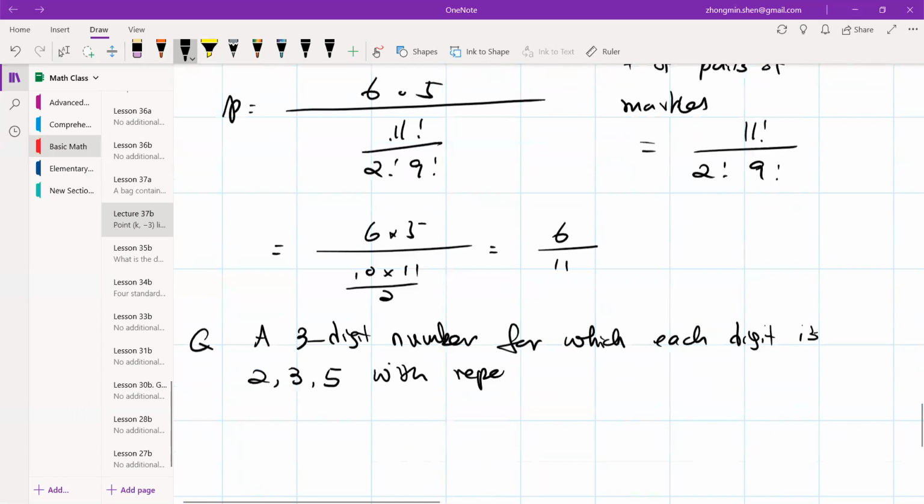Was repetition allowed? This is going to be chosen at random.